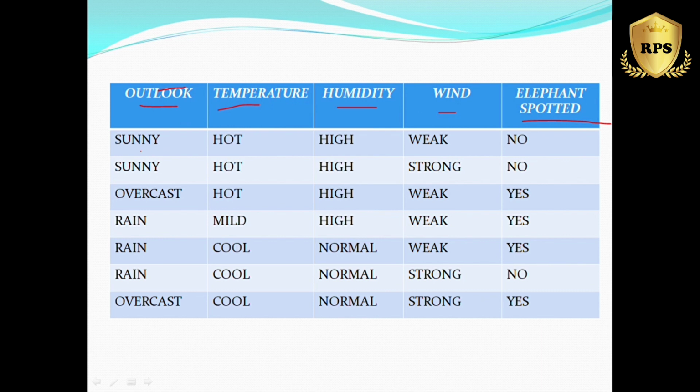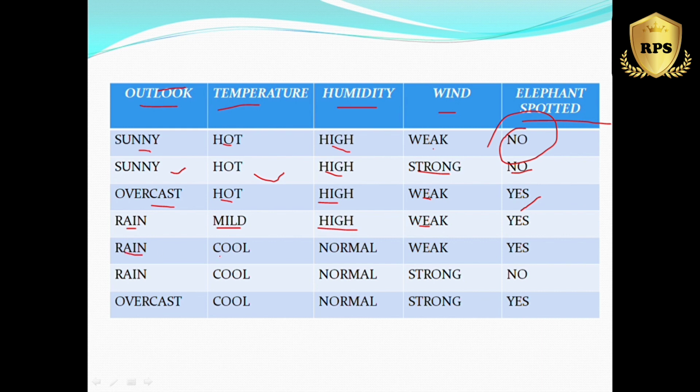If outlook is sunny, temperature is hot, humidity is high and wind is weak, elephant is not spotted. Again, sunny outlook, hot temperature, high humidity, strong wind, still no elephant. Overcast outlook, hot temperature, high humidity, weak wind, elephant is spotted. Same, rain, mild temperature, high humidity, weak wind, elephant spotted.